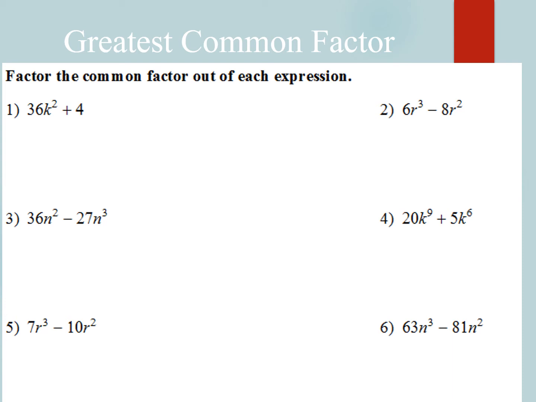Okay, so when I look at number 1 here, I want to look at 36 and 4 first. So the numbers that they have in common, if you want to write them out, the factors of 36: 1 and 36, 2 and 18, 3 and 12, 4 and 9, 6 and 6.